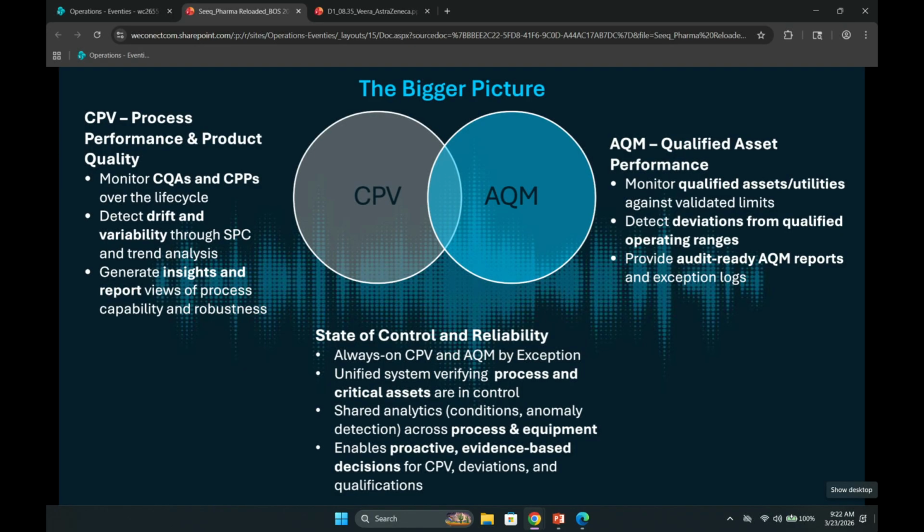And then especially all the shared analytics between them, so all the conditions, the anomaly detection models, whatever you're applying to your analytics, all happening within a single framework across all of your processes and your equipment. It really enables this more proactive, evidence-based approach where we start to do always on CPV. And then when we do have deviations, exceptions, things like that, we can quickly look into those, do the root cause analysis, and go through that process.